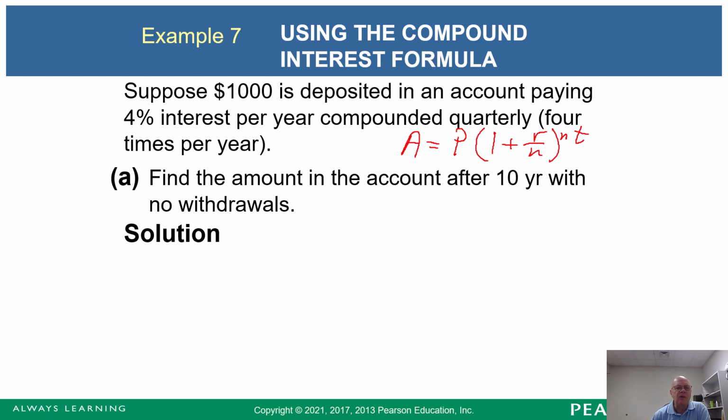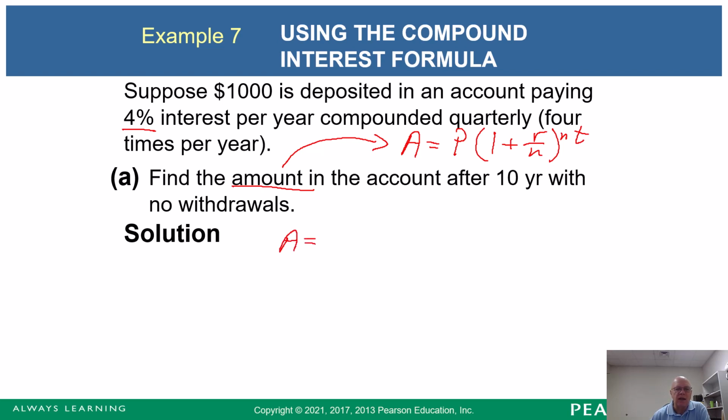It says, suppose $1,000 is deposited in an account paying 4% per year, compounded quarterly, 4 times a year. 4 quarters make a year, right? So find the amount, and that's this.